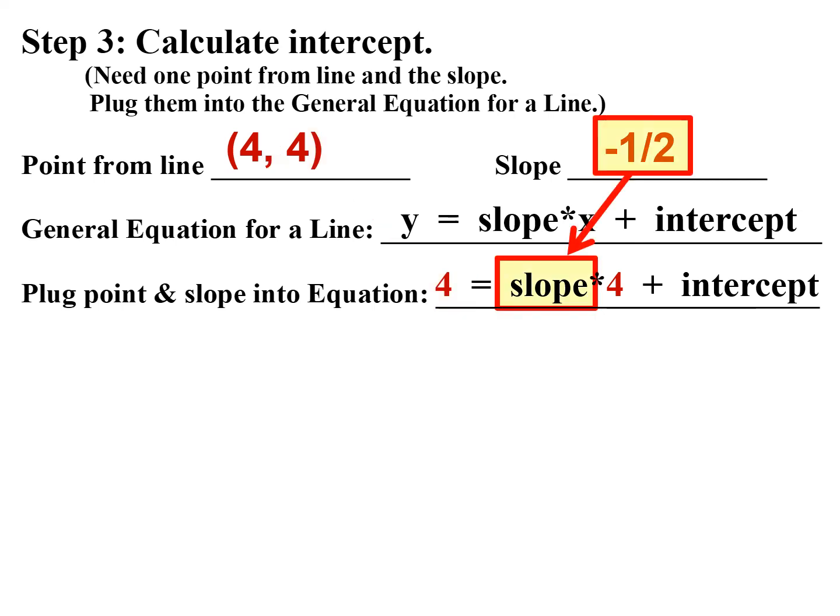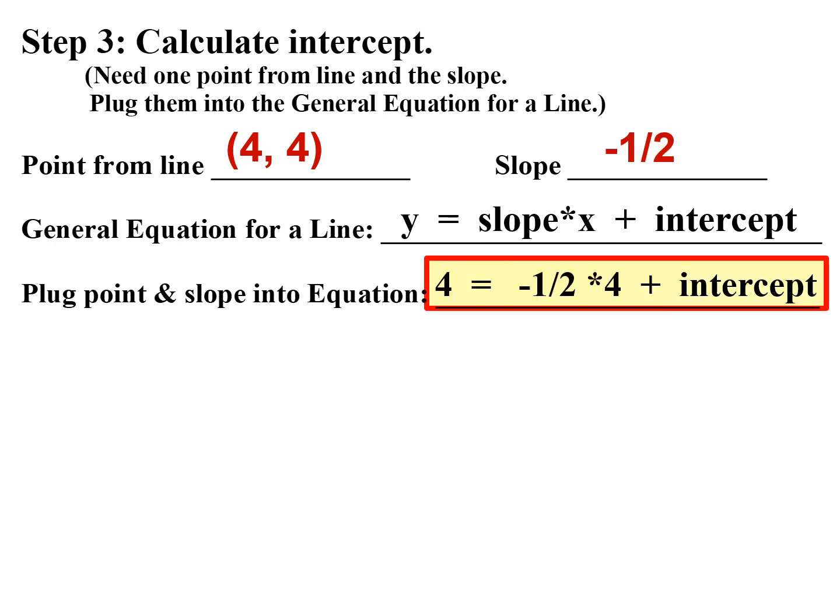And we can do the same with the slope by replacing the word slope with a value of minus 1/2. So now we have this equation, 4 is equal to minus 1/2 times 4 plus the intercept.